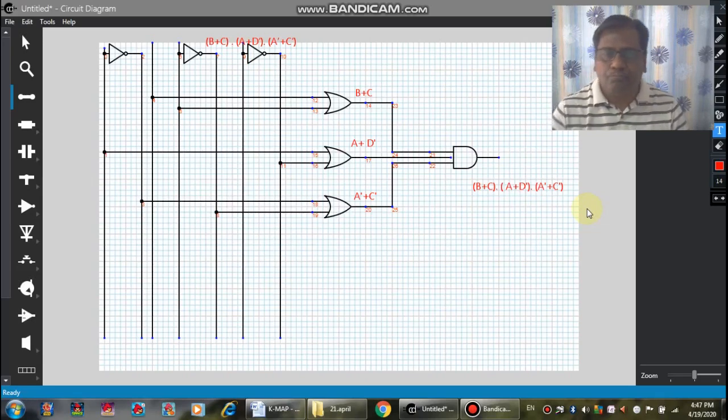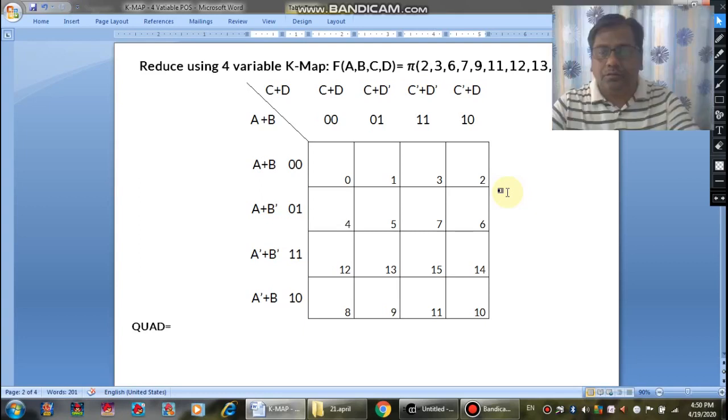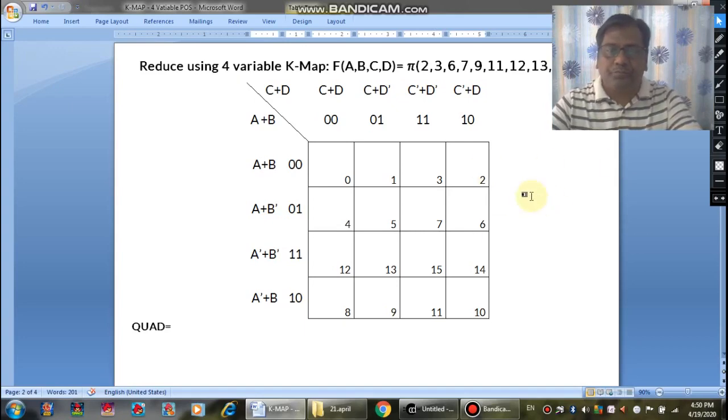Is that clear? Now we will move to the next question, again related to the 4-variable POS expression, to reduce it with the help of a KMAP.